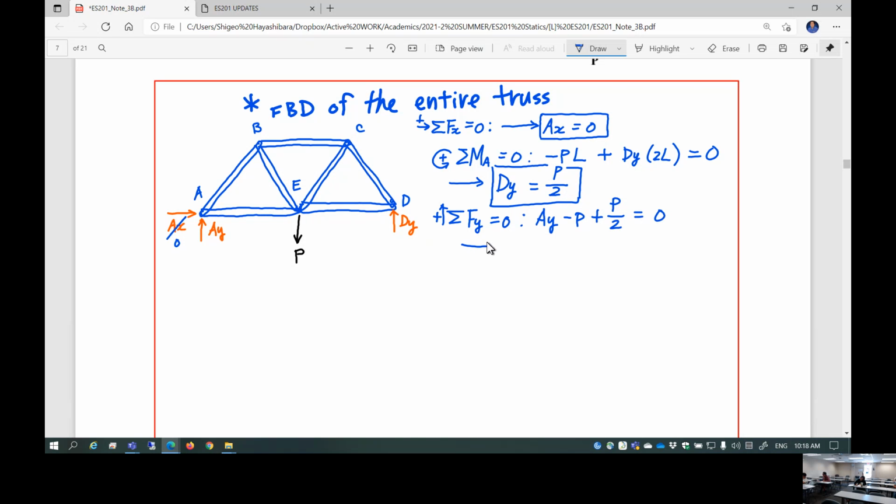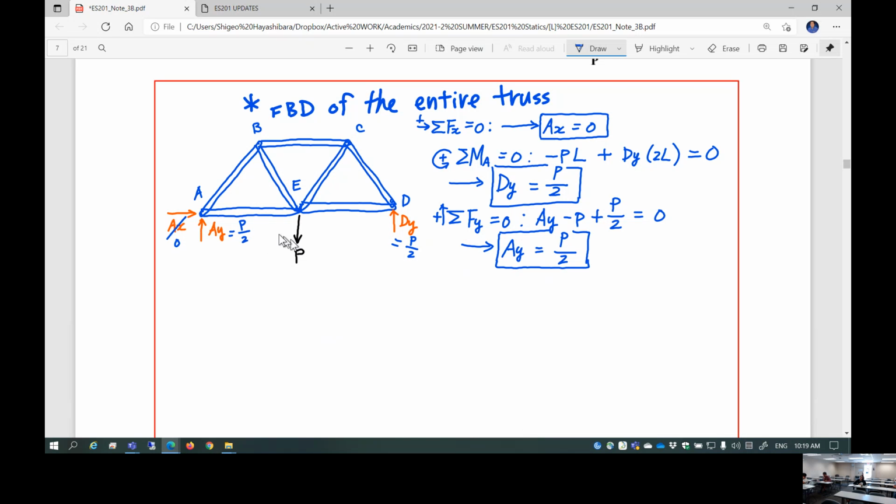This gives you AY is, of course, half P. So now you know the support reactions at joints A and D. AY is equal to half P, DY is also equal to half P. Of course, you kind of know it because this is a symmetric structure.